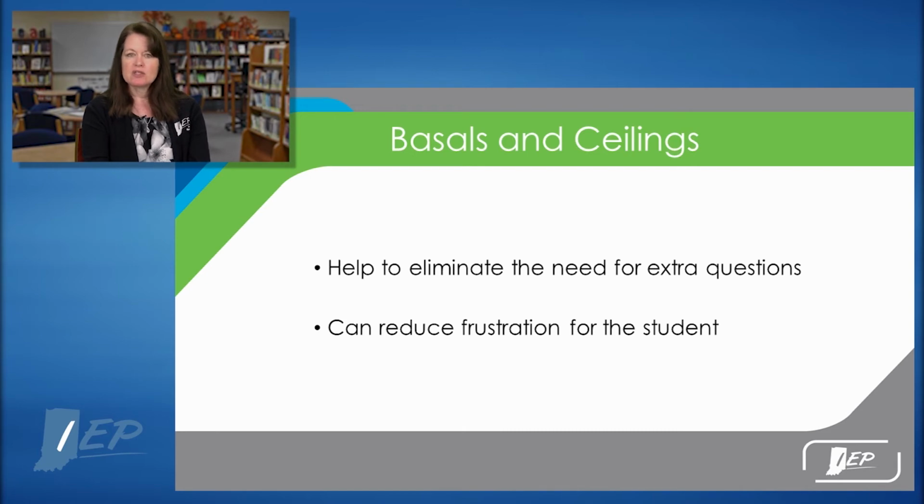So it kind of reduces that field of questions that we need to ask, and it can help reduce frustration for a student as well, so that if a student starts to get a number of items wrong, we don't keep pushing them all the way to the end of a subtest if it's very likely that they weren't going to get more right.